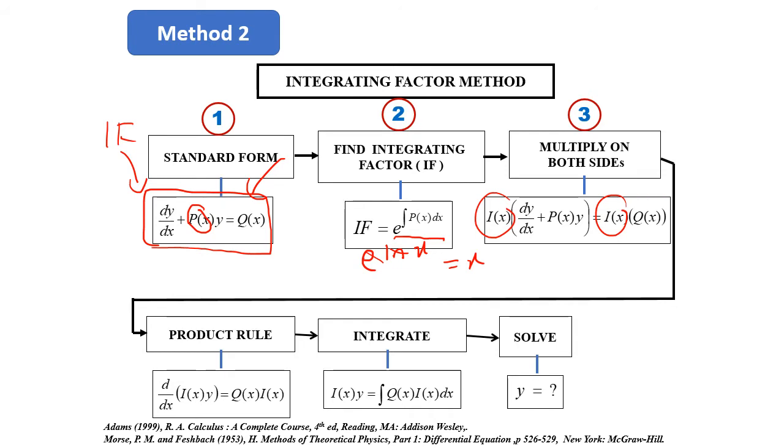Next, in step number 4, we'll change into the product rule. So basically, when we compare step number 3 and step number 4, we notice that on the right hand side, it is unchanged. It is still the integrating factor times Q(x), no changes.